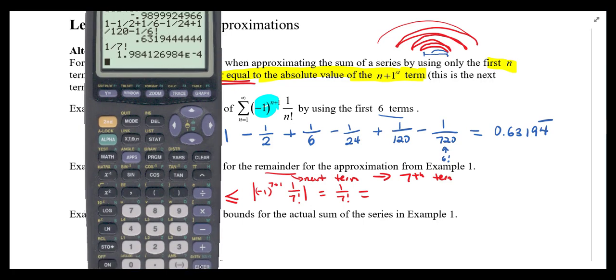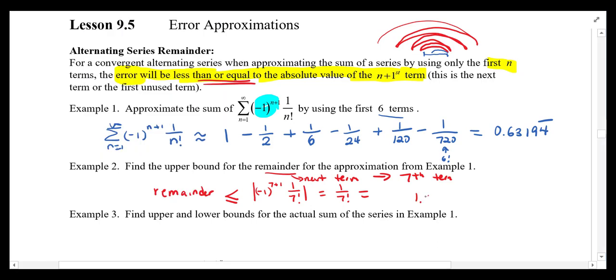Oh wow, really small. That's about 1.98 times 10 to the negative 4, so three zeros in front. Very, very small error. But that is the upper bound for the error.